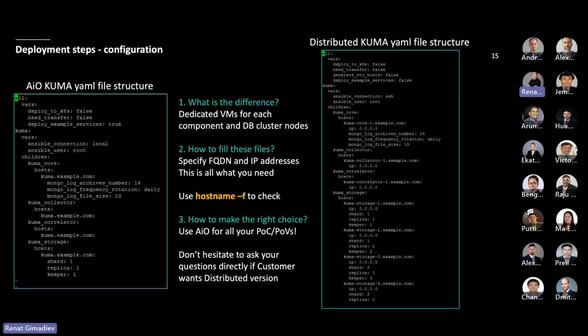More system requirements might need to be deployed and configured in a proper way. So don't hesitate to ask your questions, and it's really important to choose the right variant for your POC.